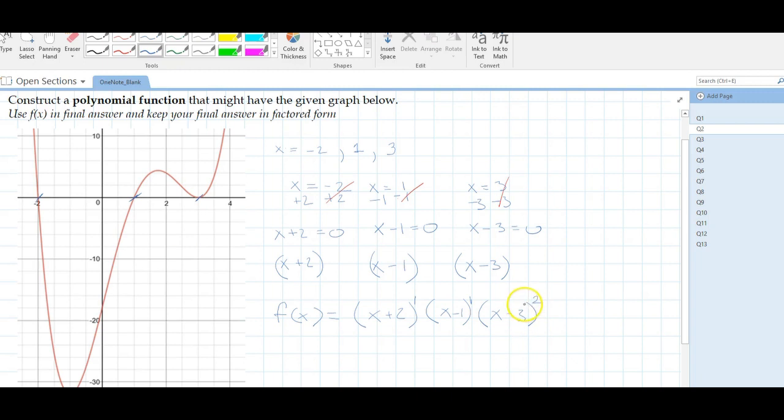A way to know your exponents, to help you figure it out, is to think about the turning points. We have 1, 2, 3 turning points. Where do we get our turning points from? It is the highest degree minus 1.